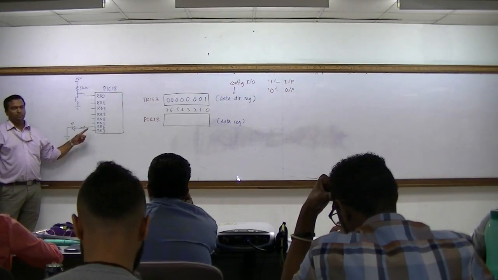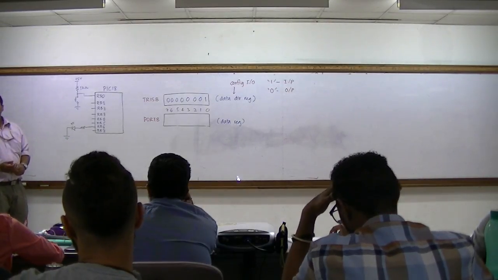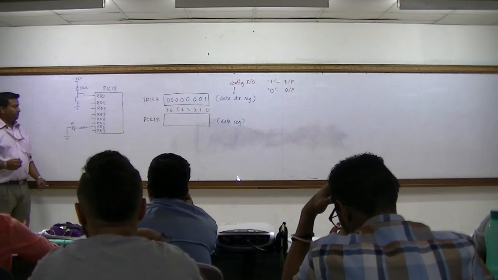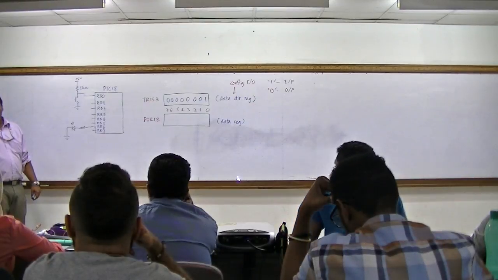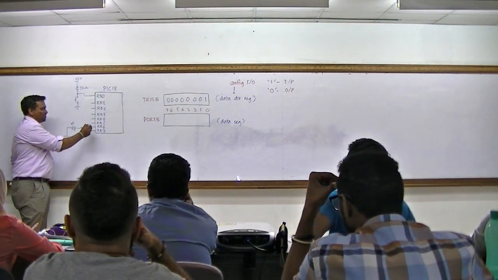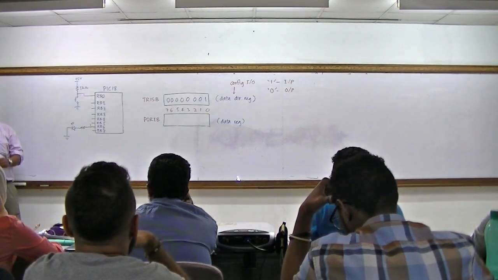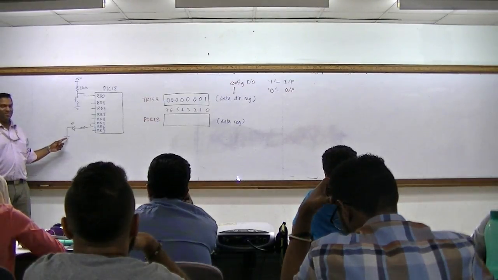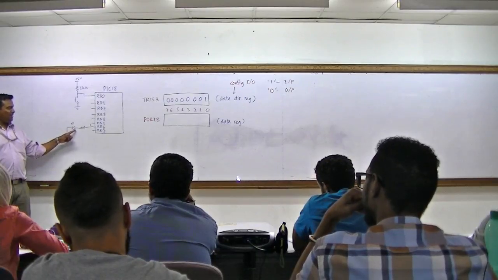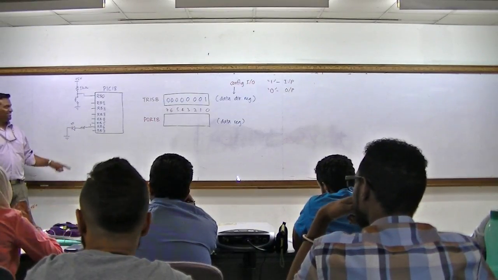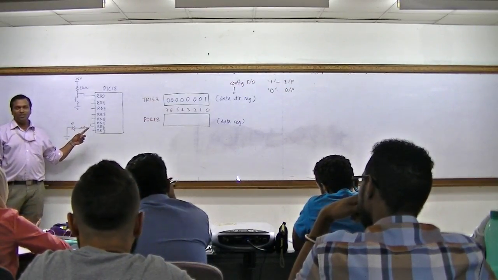Logic 1? Zero? Should be logic 1. Why logic 0? It's already connected to cathode, right? You need a forward bias. Put logic 1, then only you can see the anode, cathode. So you need to supply logic 1 to turn on.